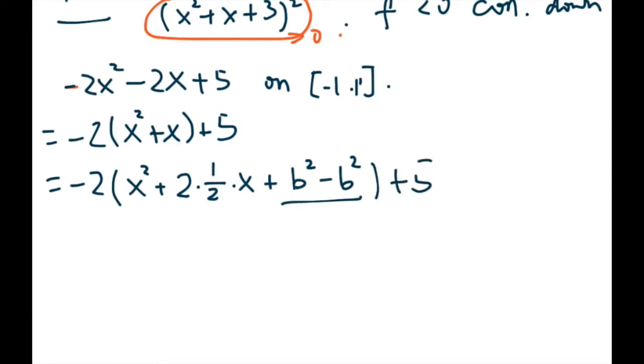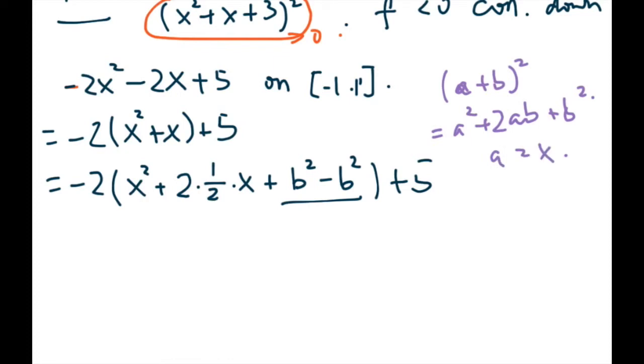Why do I add and subtract b squared? Because I want to use the perfect square formula, that is (a plus b) squared equal to a squared plus 2ab plus b squared. So our a here is equal to x, and our b, by looking at this part, it is 2 times a is x, and b is the other number, so b here is equal to 1/2.